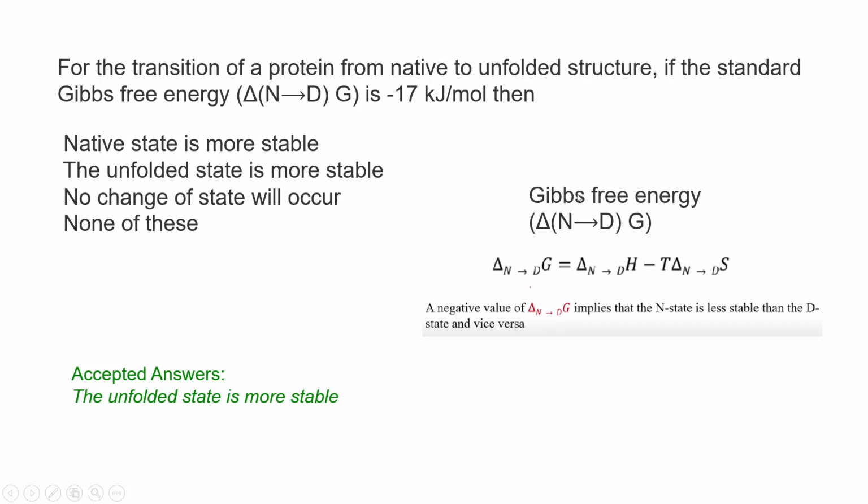So the Gibbs free energy from native to unfolded structure is given as delta enthalpy of native to unfolded minus T delta S. So the negative value of this implies that the D state is more stable than the N state. Therefore, the unfolded state is more stable in this case because it is negative.